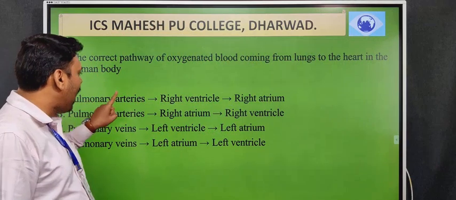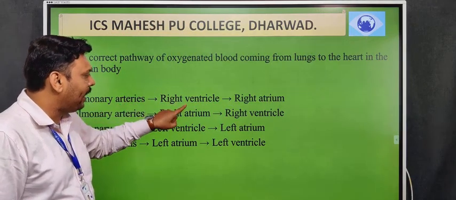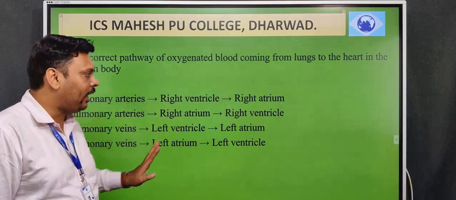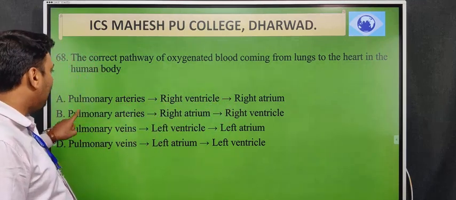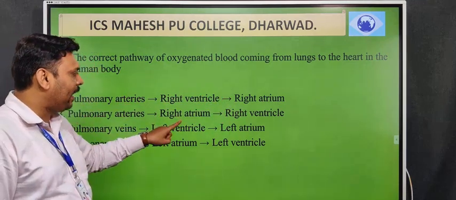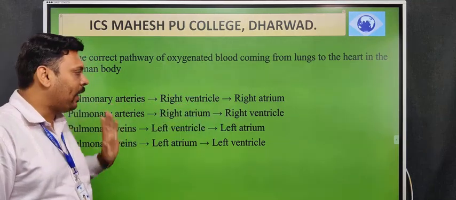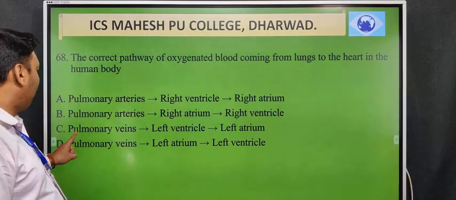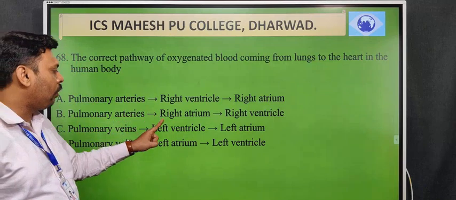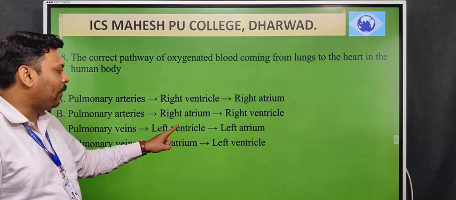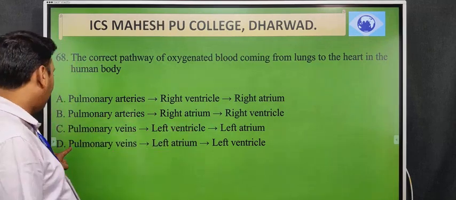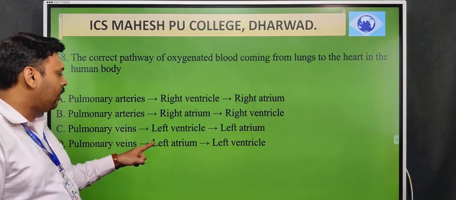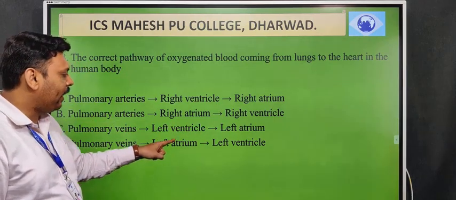A is pulmonary arteries to right ventricle, from right ventricle to right atrium. B is pulmonary arteries to right atrium, from right atrium to right ventricle. C is pulmonary veins to left ventricle and left atrium, and D is pulmonary veins, from pulmonary veins the left atrium to left ventricle.